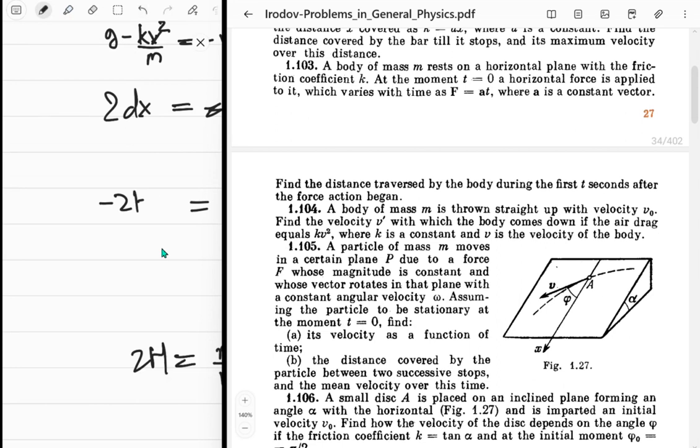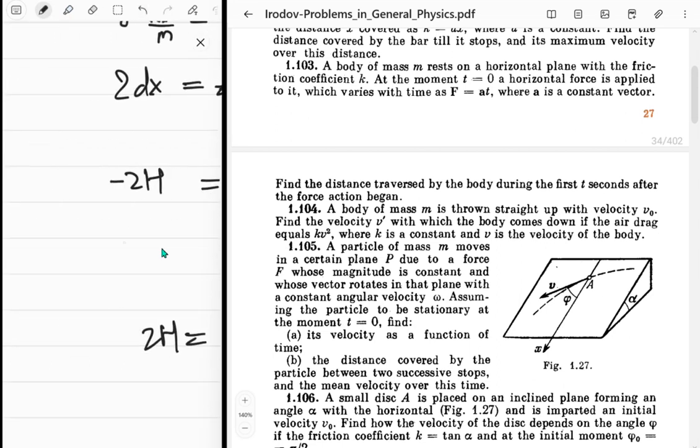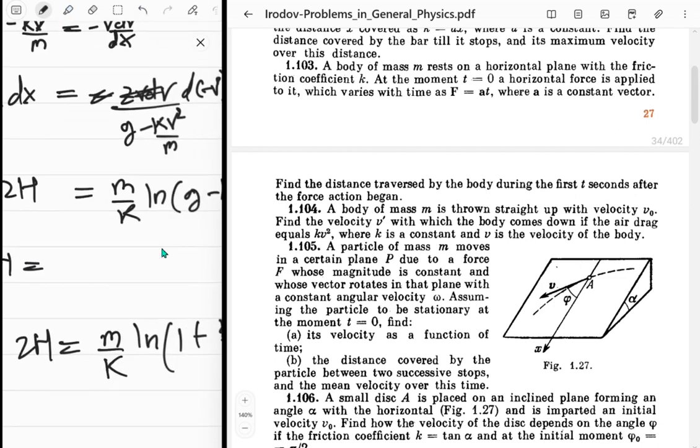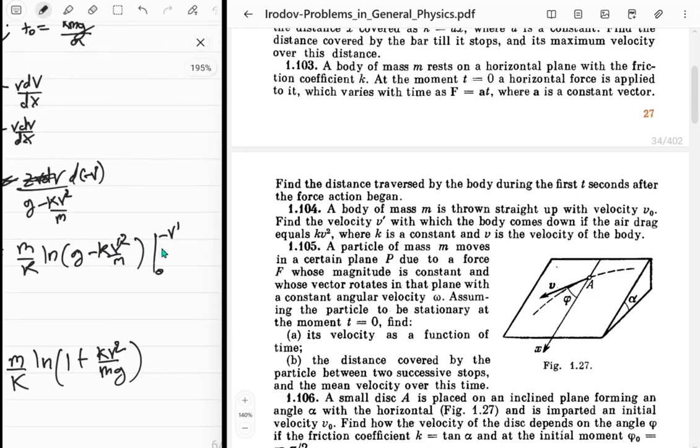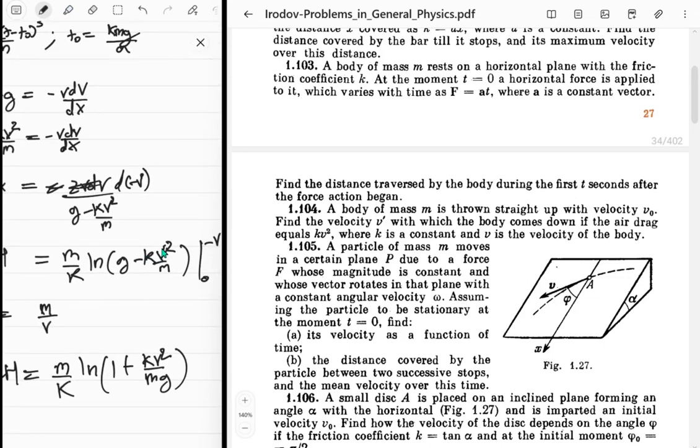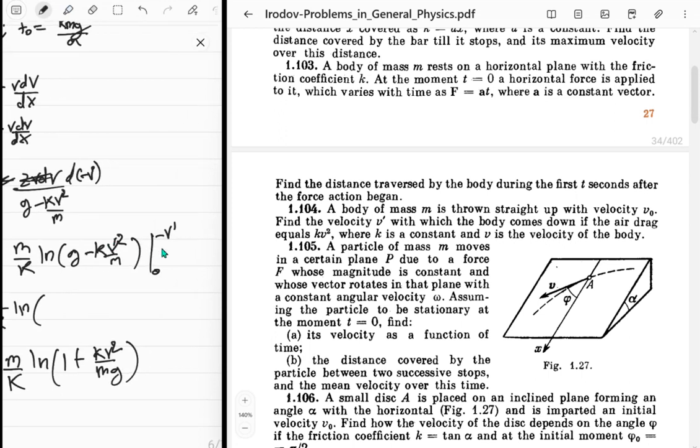So it's coming negative 2h right there. You can just change the sign, so change these limits. So this will be m upon k, natural log of, when you put 0, it is g, and when you put negative, it's going to be like 1 upon all that stuff.